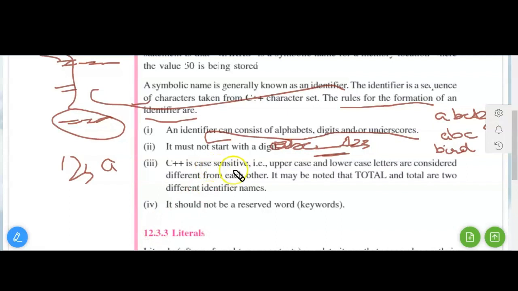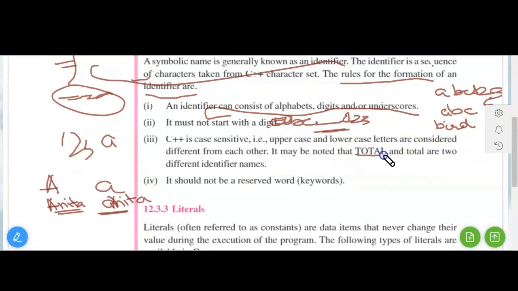C++ is case sensitive. What is the meaning of case sensitive? That means uppercase and lowercase. When you use both kinds of letters, they are not the same. For example, if you use capital A and small a, both mean different things. If I write Anita and if I write anita this way, both are different. They are not considered the same.